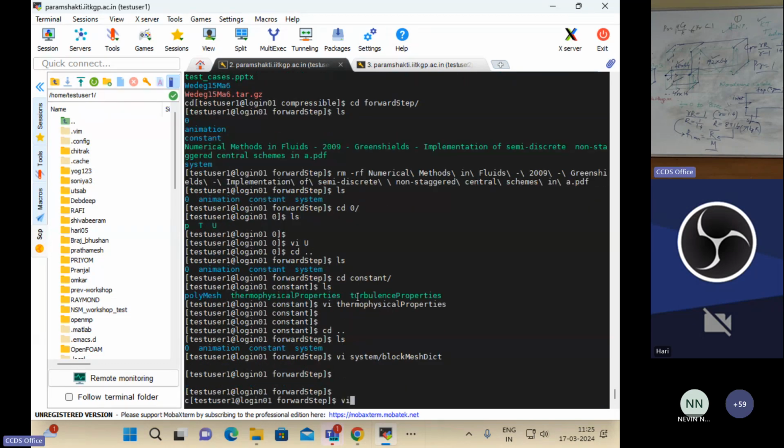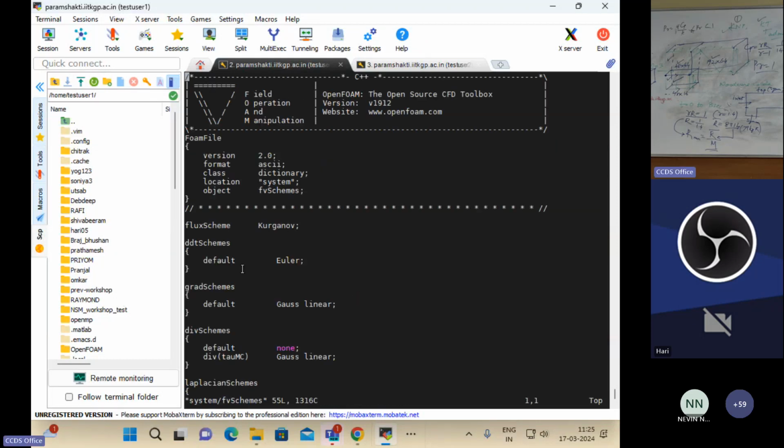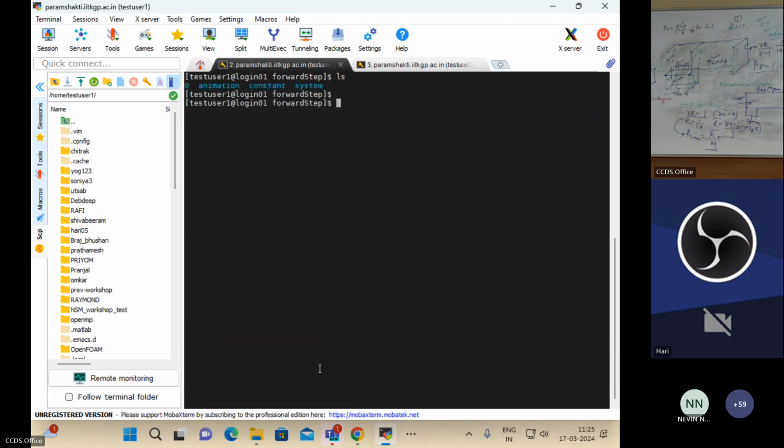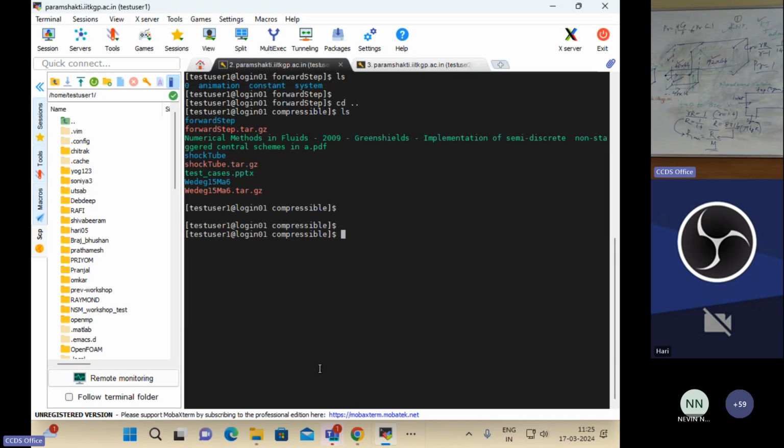And again, if we go to system fvSchemes, these are typical entries that we have already discussed. Again, I'm using KNP with Van Leer to see the data. So to run the case, since this is initialized with free stream pressure inside the domain, Mach is 3, pressure is 1, I guess, and temperature is 1.